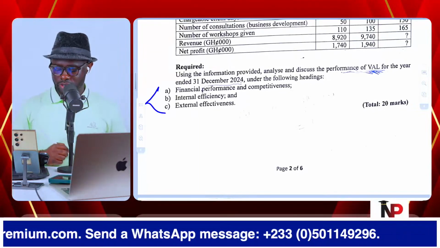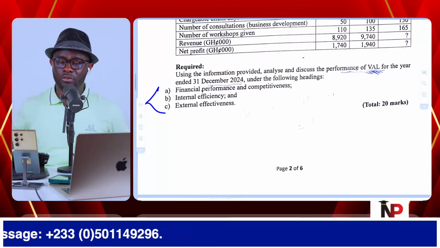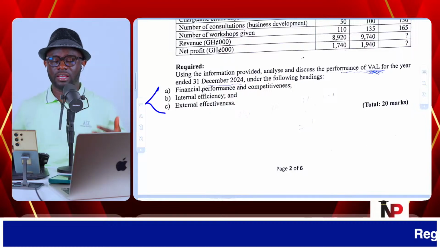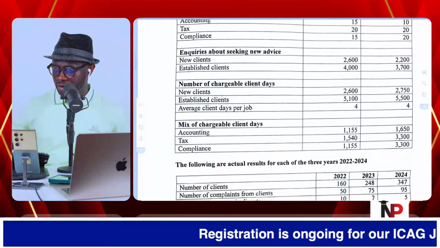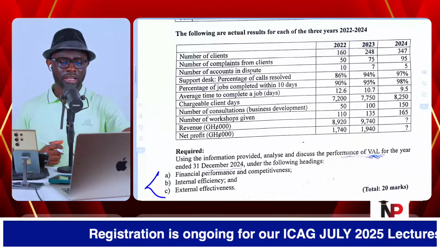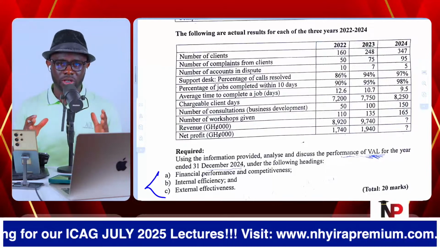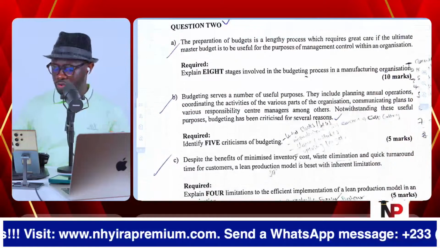So 20 marks, and the examiner wanted students to use financial performance, competitiveness, internal efficiency, and external efficiency to evaluate the performance of the organization. In that case, this is like relying on the Fitzgerald and Moon building block, but you are bringing together a lot of concepts in there for 20 marks.